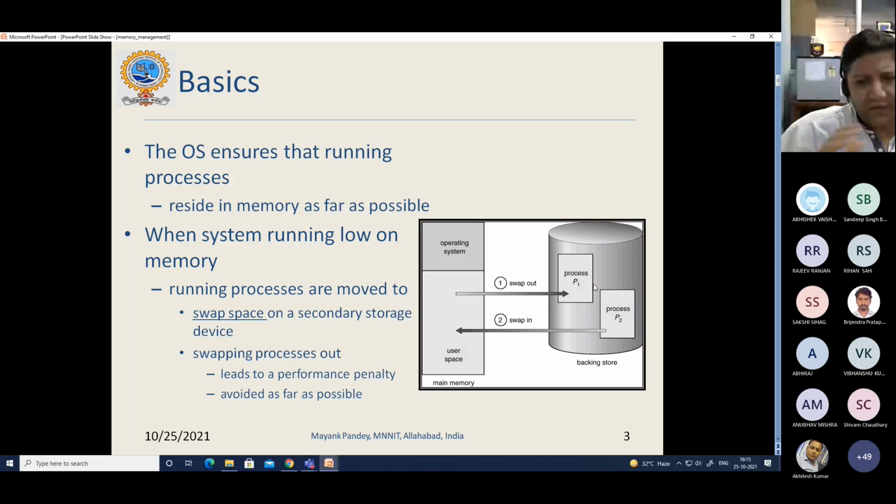So there is always a trade-off in how long you keep the process in memory. If that memory is needed for another important interactive process, because that process has been double clicked, you need to free up the memory and bring the process in from hard disk to main memory, and these things keep on happening.